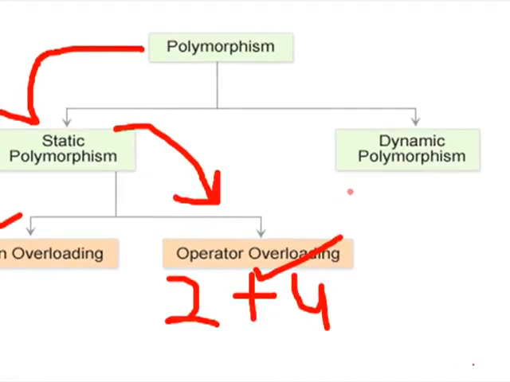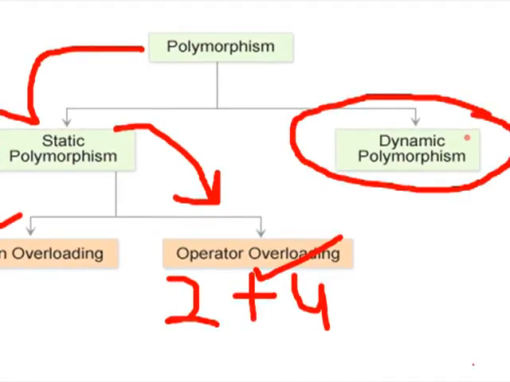Now the last thing is dynamic polymorphism. When I say dynamic polymorphism, it is when we do not know things at the compile time. For example, we have a draw function.